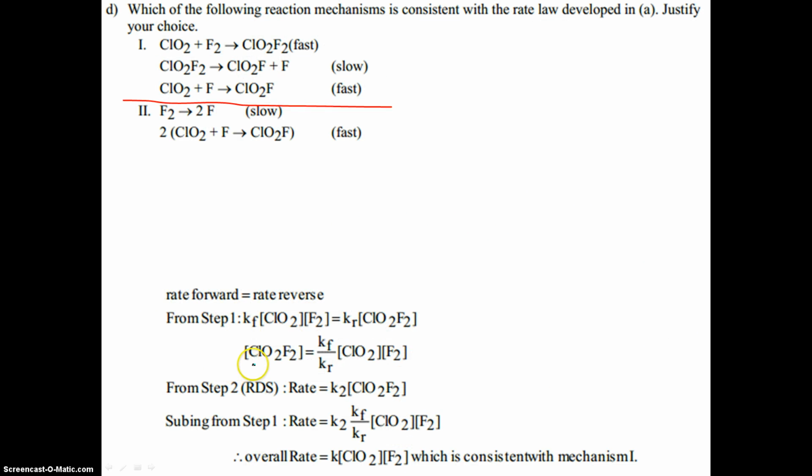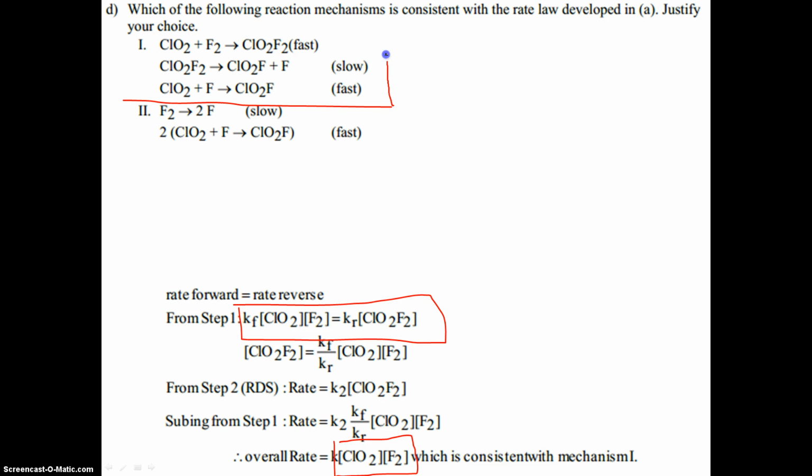So here from step 1, we take this, and then we're just dividing rates here. From step 2, the rate determining step, and then substituting from step 1, the overall rate right there is consistent with mechanism 1.